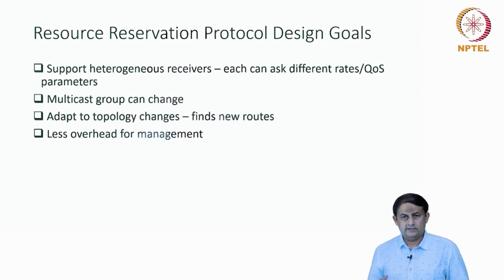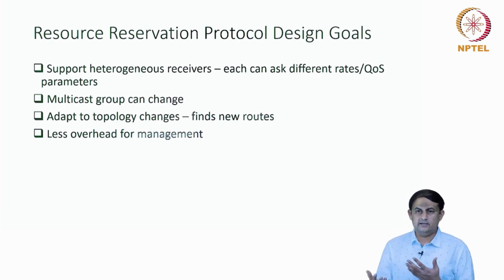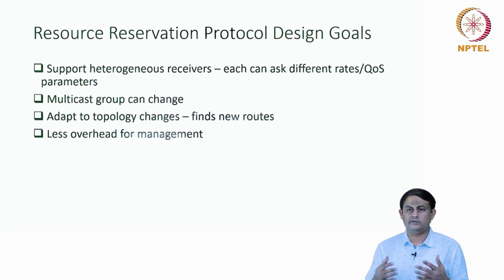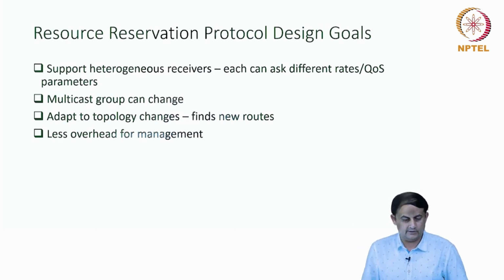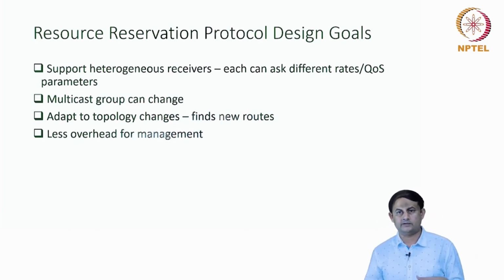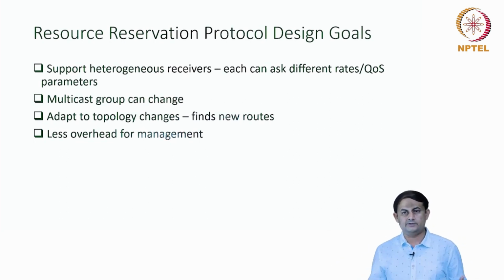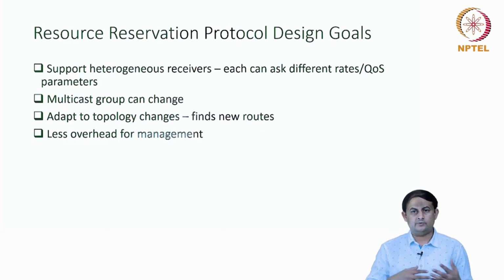One is that the requirements from the different receivers can be heterogeneous. As we saw in the previous example, R1 is asking for some bandwidth, R2 is asking for some other bandwidth. So you can work with different kinds of requirements. So it supports heterogeneity in the quality of service requirements, and it can also support multicast and group transmissions. And interestingly, it has also been designed to adapt to topology changes.